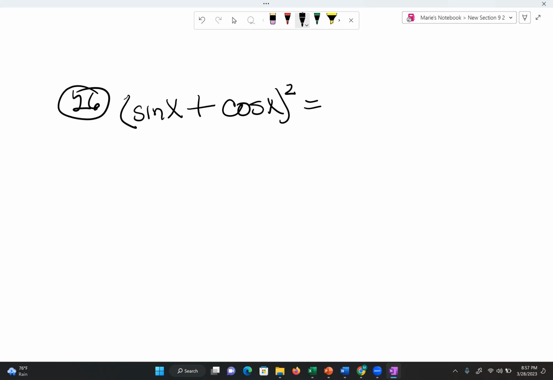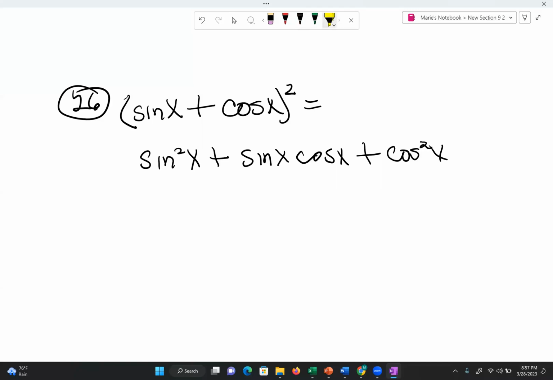In this question, I would also ask you to consider that if I just simply FOIL this, I'm going to get sine squared x plus sine x cosine x plus cosine squared x. Here's a huge hint. Does this look familiar? I hope so. So that's going to give us 1.